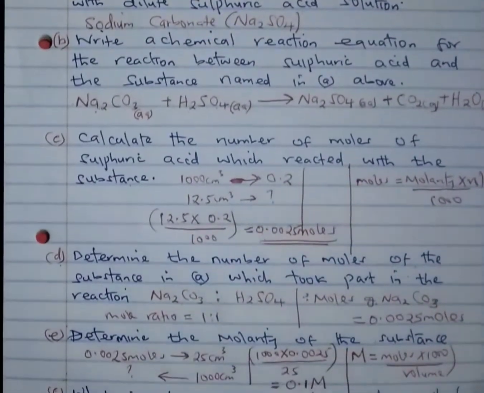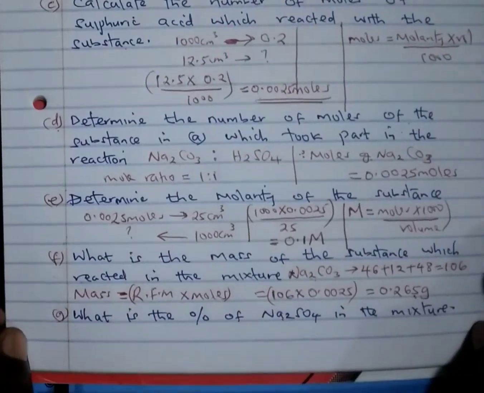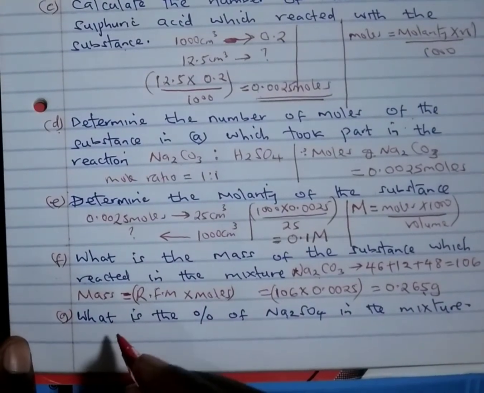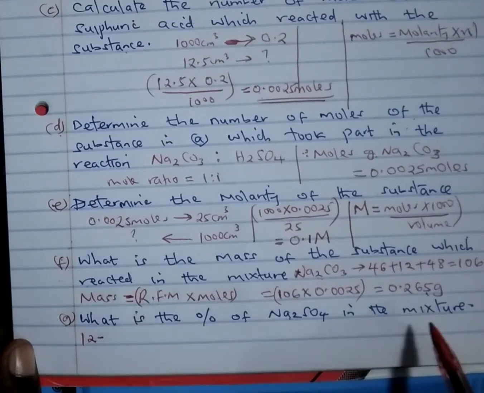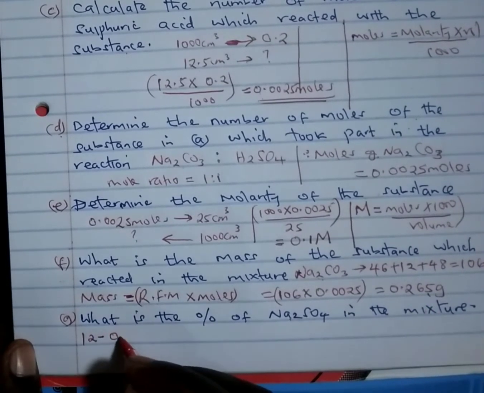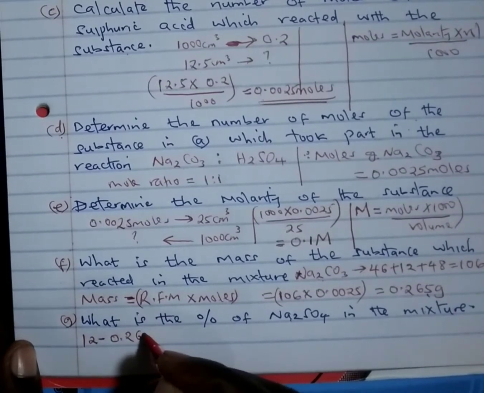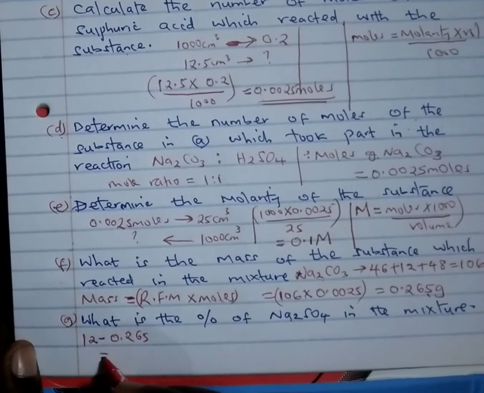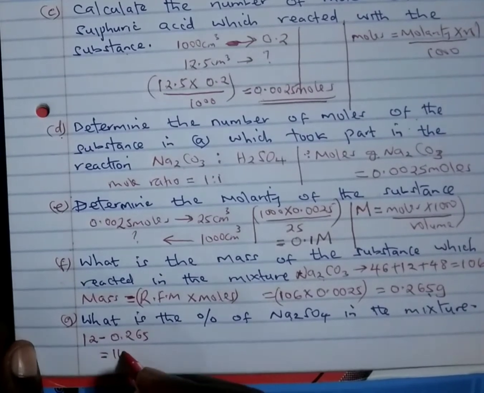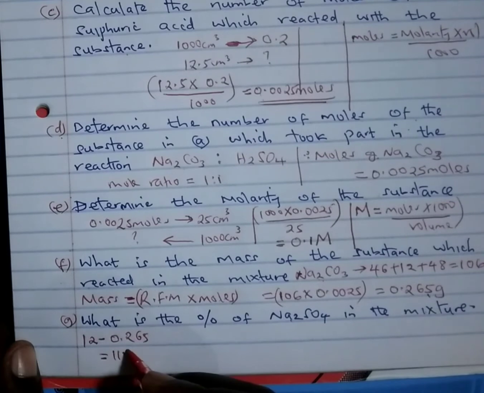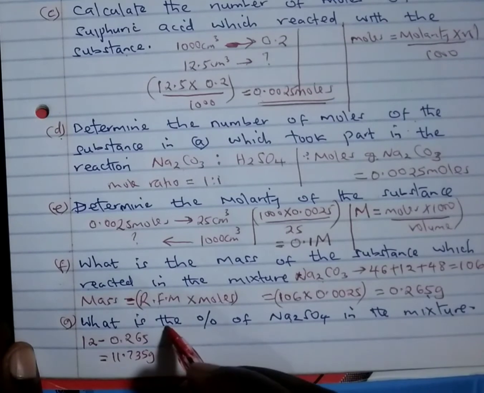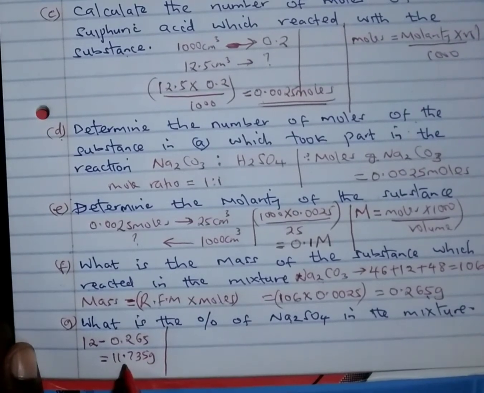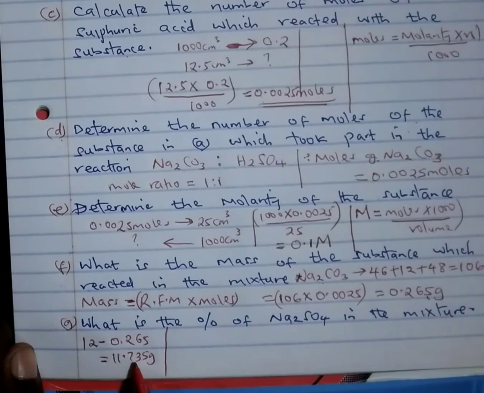So we move down and take that mass, which is 12. We minus the mass of sodium carbonate, which we have calculated as 0.265, and whatever we are left with is 11.735 grams.